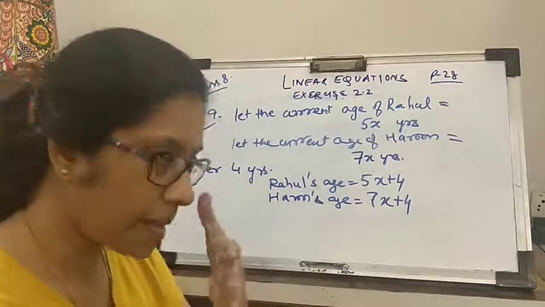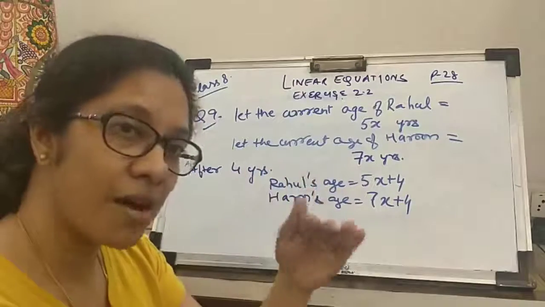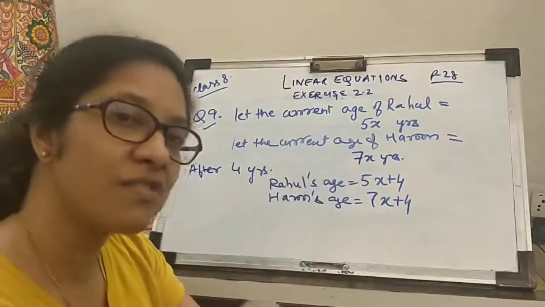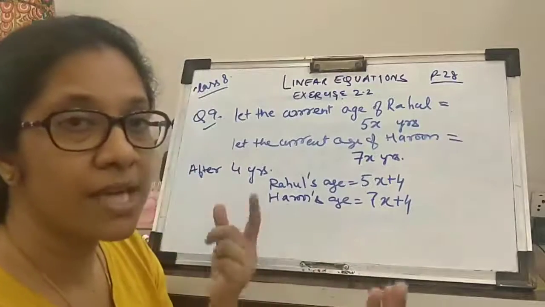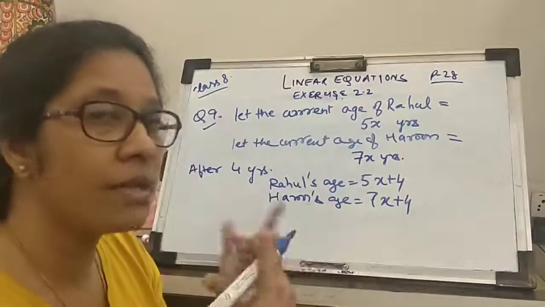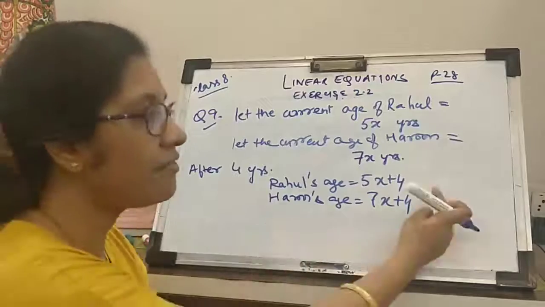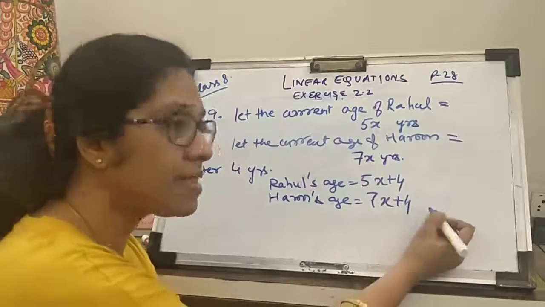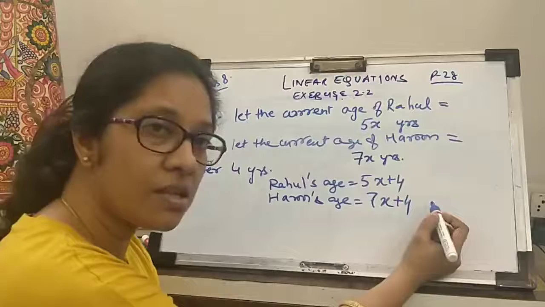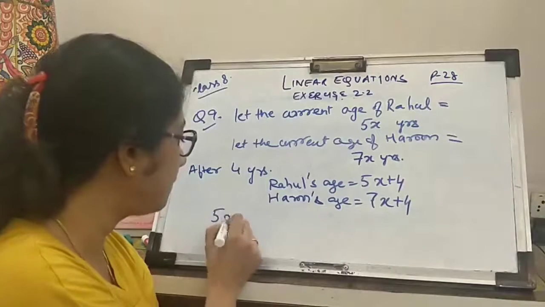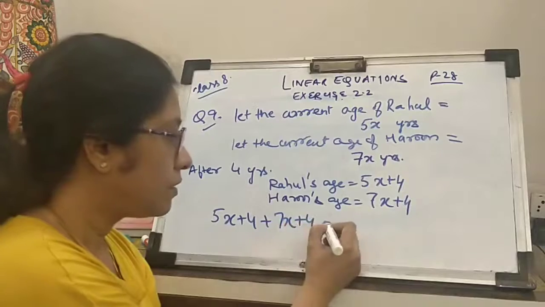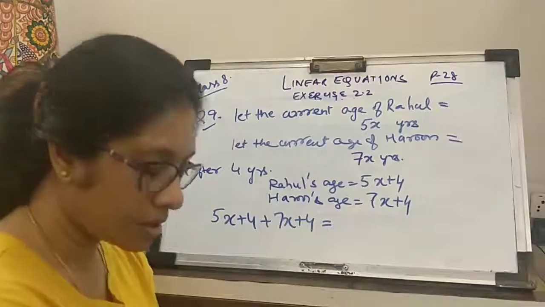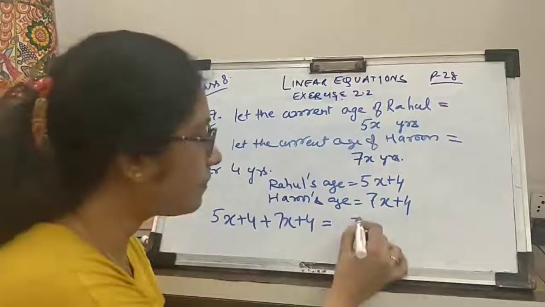So all we need to do is add up the ages of Rahul and Haroon after 4 years, which we have already deduced, to get 56.